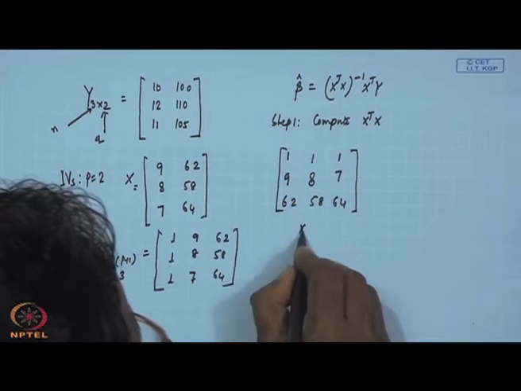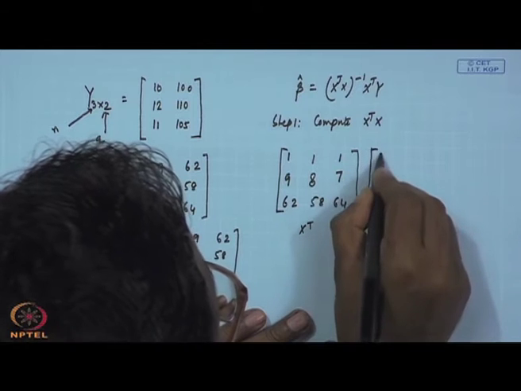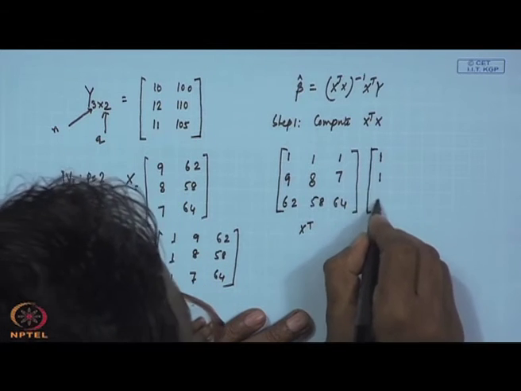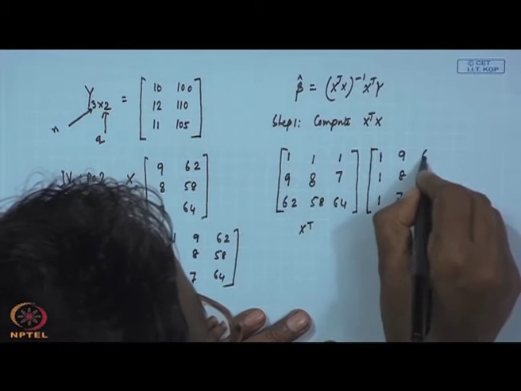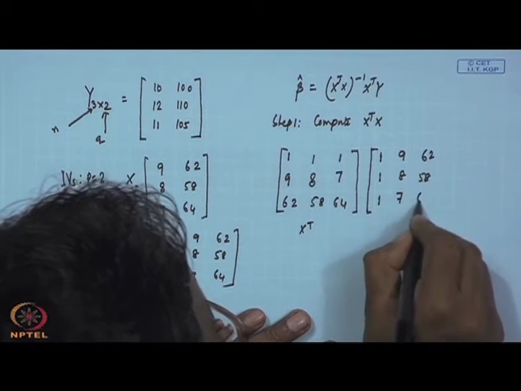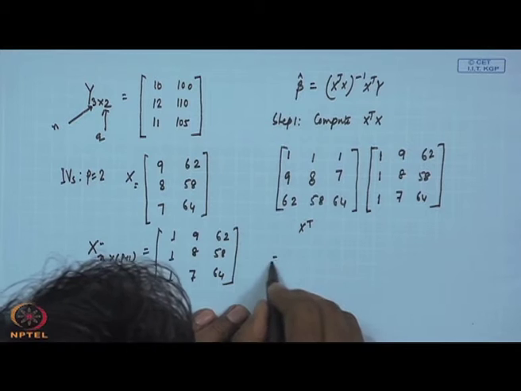This is your x transpose. Now what is our x matrix? X matrix is 1 1 1, 9 8 7, 62 58 and 64. If you multiply this, what will you get?